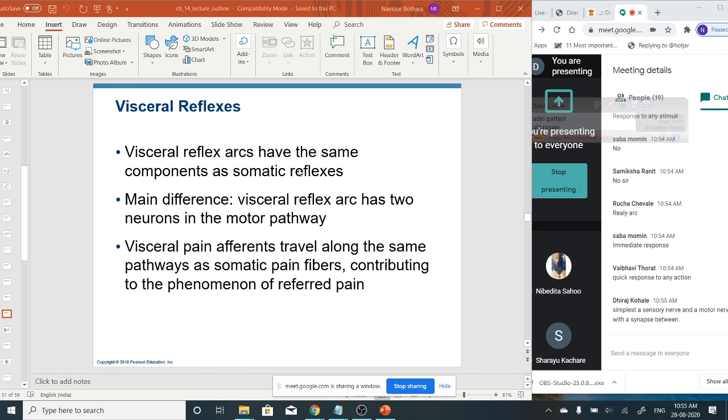Just like there are the motor reflexes or reflex arcs you have studied, similarly these are the same.